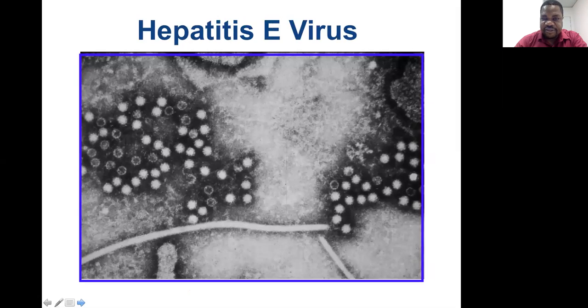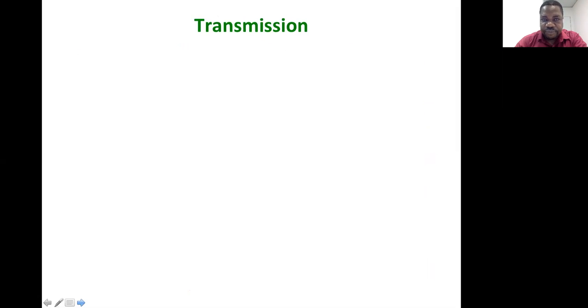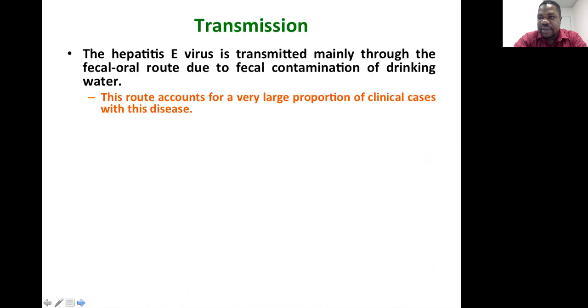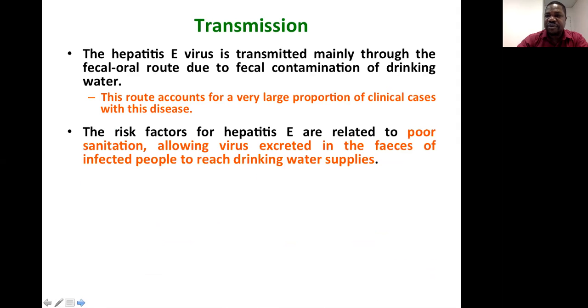So this is the structure of the virus. Now, in terms of transmission, hepatitis E is transmitted mainly through the fecal-oral route due to fecal contamination of drinking water mainly. So this route accounts for a very large proportion of clinical cases with this condition.